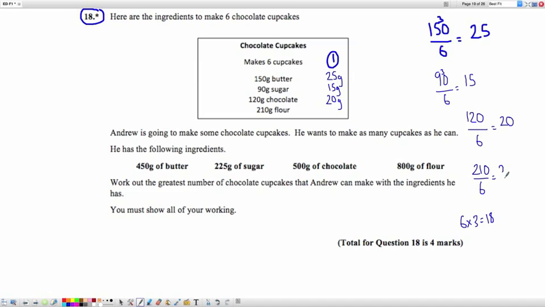So we have 3, remainder 3. How many times does 6 fit into 30? We've done this several times, 5. So the quantity of flour for 1 is 35 grams.